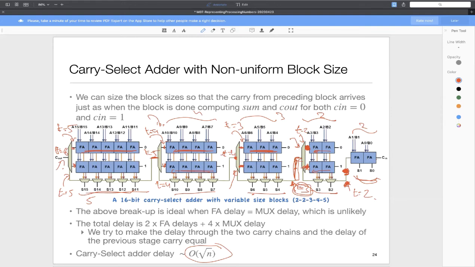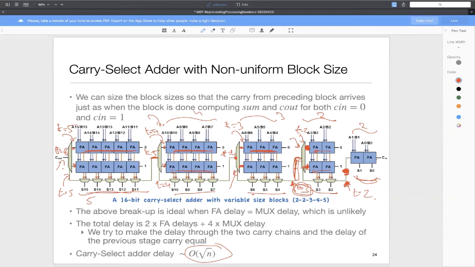If you plot order of n versus square root of n, then square root of n grows much more slowly. For a 64-bit adder, let's say the delay of a full adder is 1, then done the ripple carry way it would have a delay of 64, whereas done this way, you would be able to get away with 8, and so on and so forth.